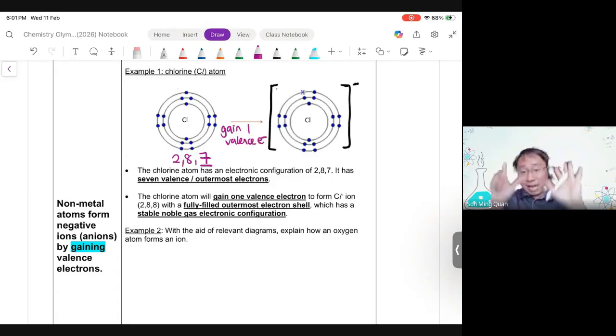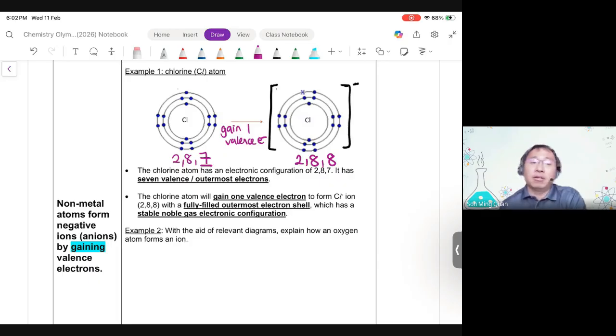Instead of losing 7 valence electrons, which will require a lot of energy, how about just gain one electron from somewhere, right? If I were to gain one valence electron, it will achieve 2,8,8. Again, 8. Lucky number 8 makes the outermost shell fully filled.